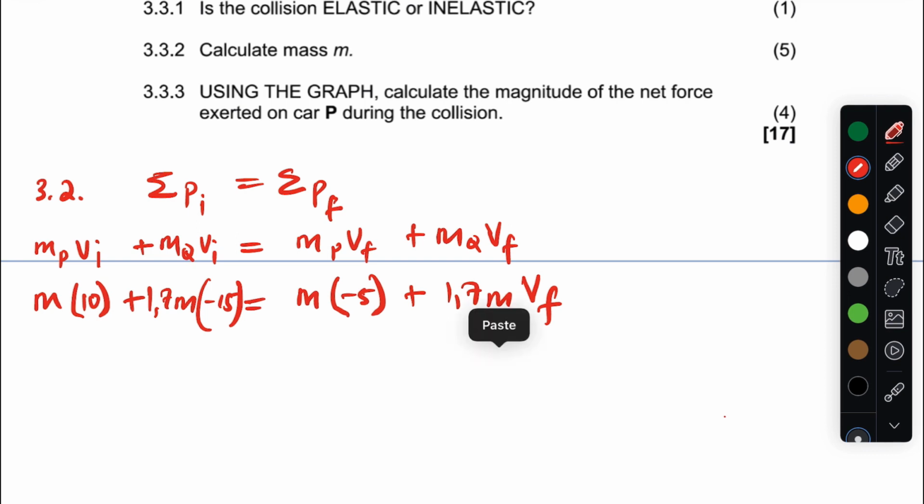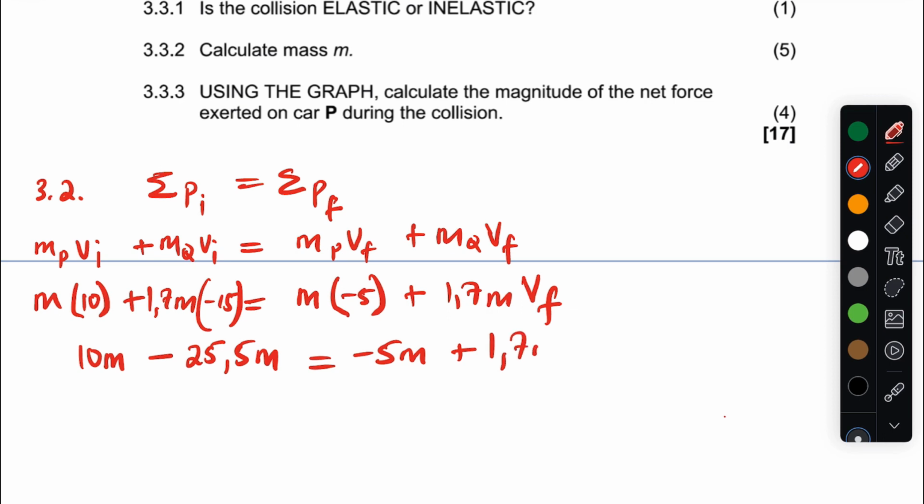So when we do the math here, we're going to have 10 m minus, when we punch in the calculator, the 1.7 times 15 is going to be -25.5 m, equal to, this one is going to be -5 m plus 1.7 m f, final velocity.